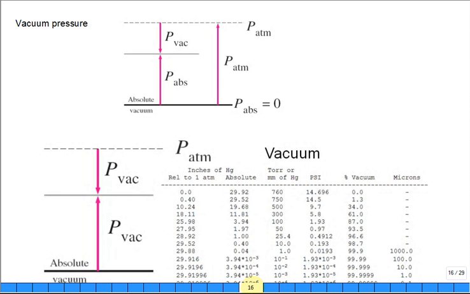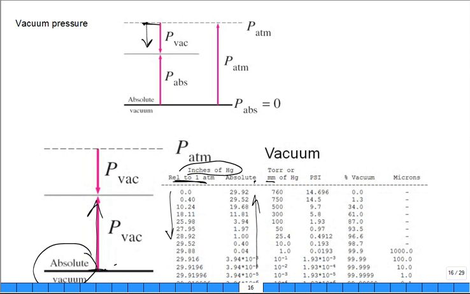Vacuum pressure is difficult because some people talk about vacuum measured down from atmosphere. Sometimes people talk about vacuum measured up from absolute vacuum, 0. It's not easy. You have to pay attention. And there's a lot of units for vacuum pressure. There's inches of mercury, relative to the atmosphere measured down, absolute measured up.